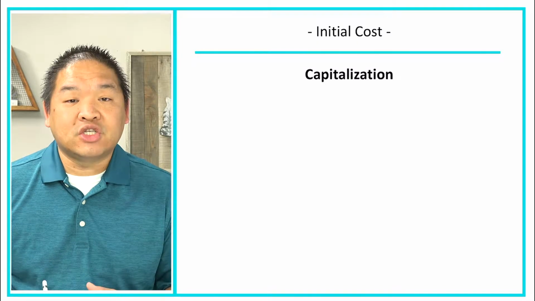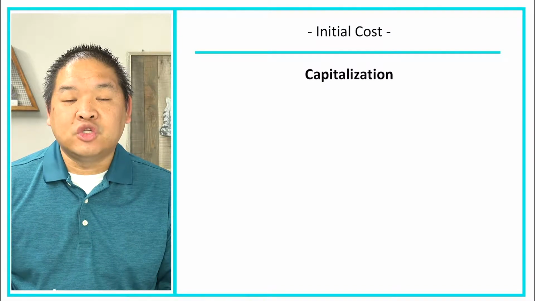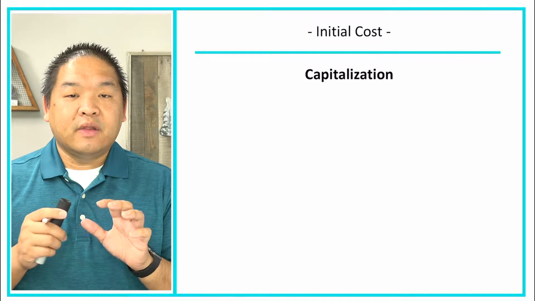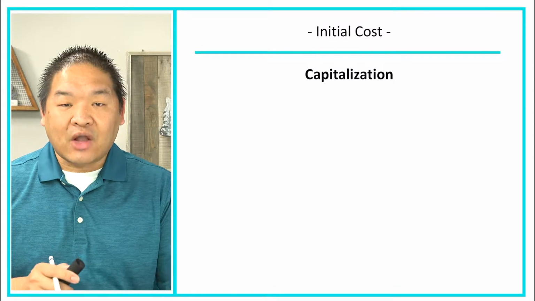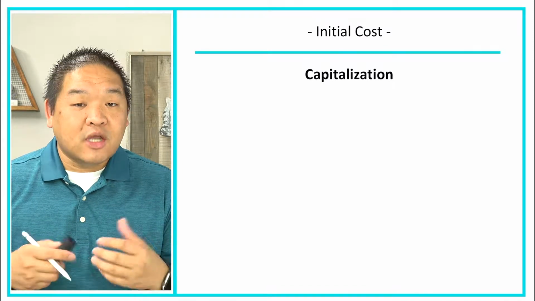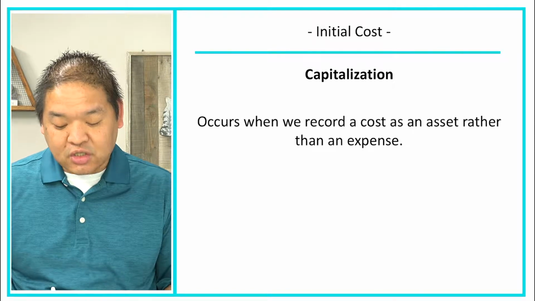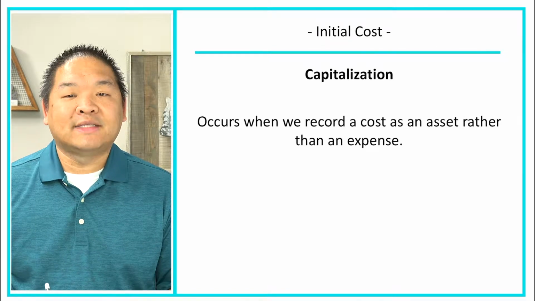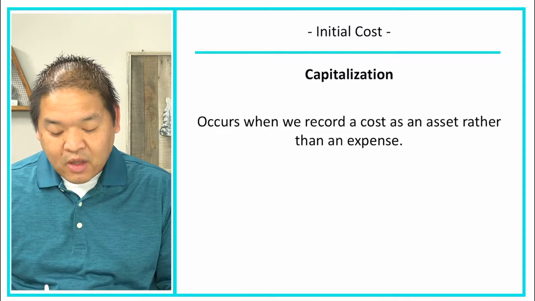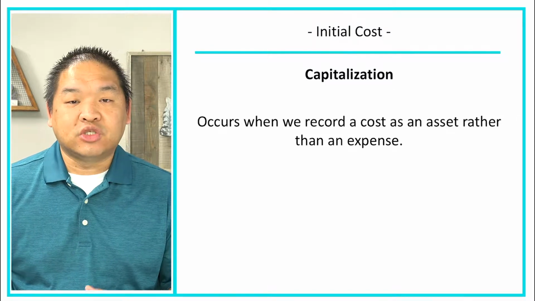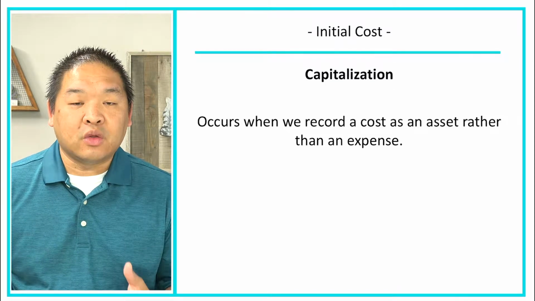So capitalization is a key word that we often use in long-lived asset acquisition. So the question really is, what is capitalization? Capitalization occurs when we record a cost as an asset rather than an expense, which is what we're going to be doing with all of our long-lived assets.